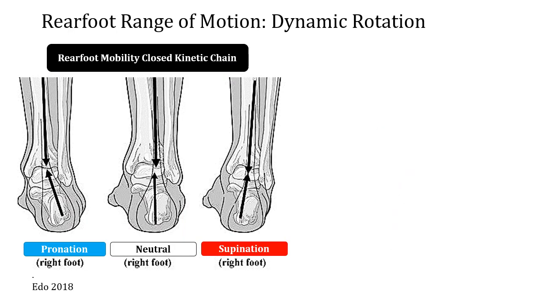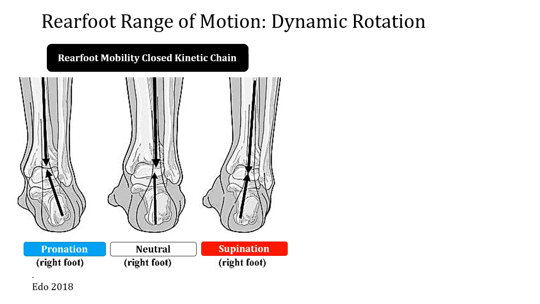So this is really what you're looking at, and again, I appreciate that it's just an animation, but it's helpful to convey. So as someone goes into a rotation of their tibia, you're going to expect the rear foot to pronate and supinate respectively.